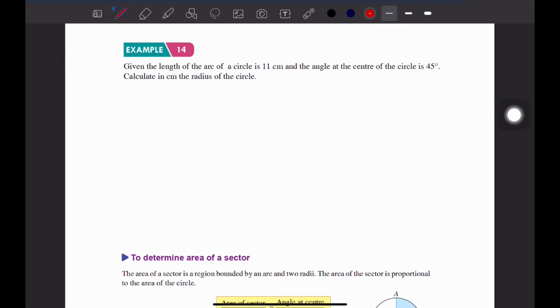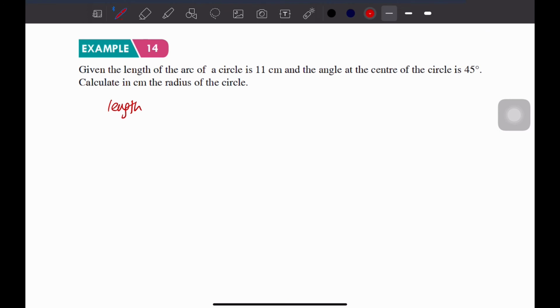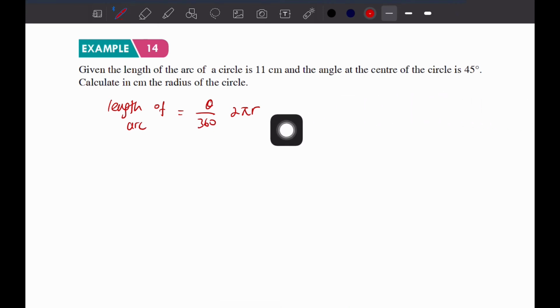So write the formula: length of arc is equal to theta over 360 times 2 pi r. The length of arc you already know.